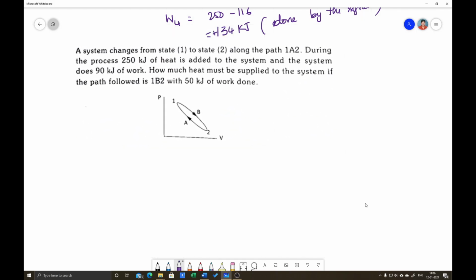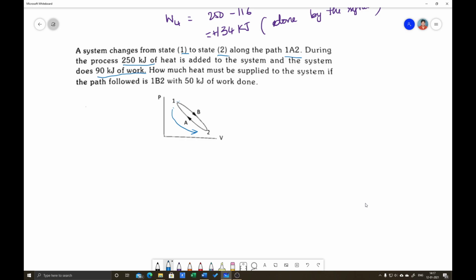So here, the system changes from state 1 to state 2 along the path 1A2, from this to this. During the process, 250 kilojoules of heat is added to the system, and the system does 90 kilojoules of work.